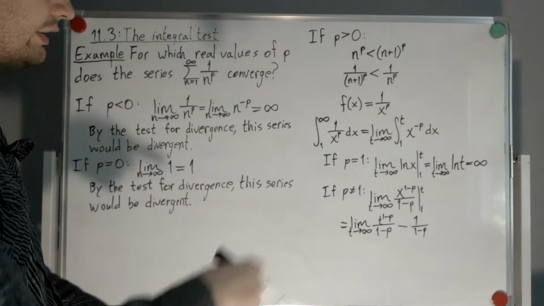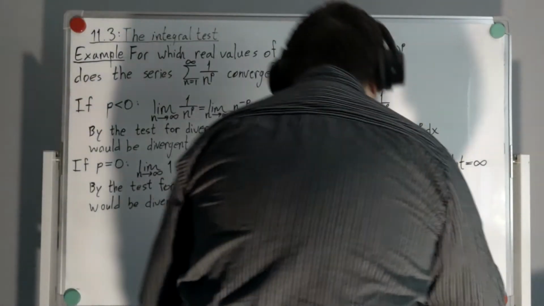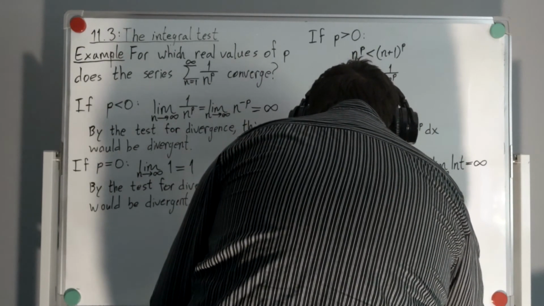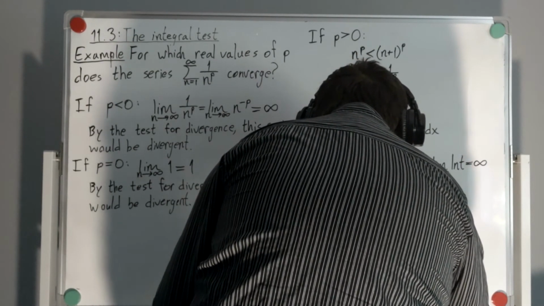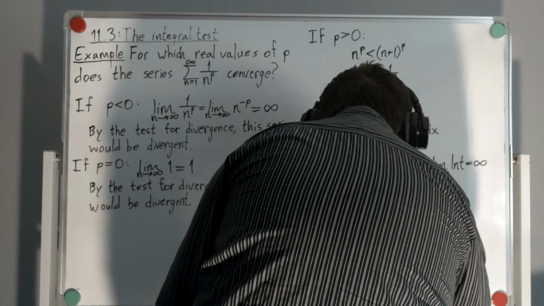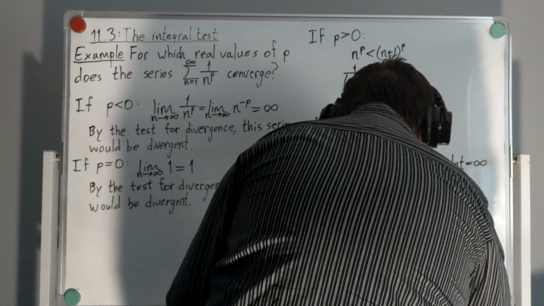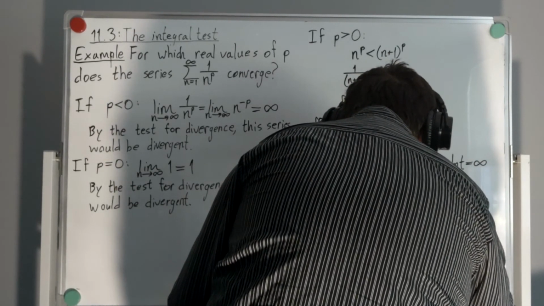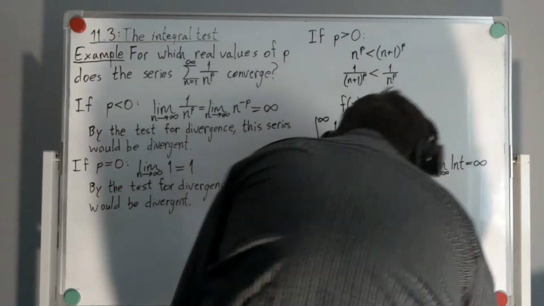You can factor out the constant of 1 over 1 minus p, so you can turn this into 1 over 1 minus p times the limit as t approaches infinity of t to the 1 minus p minus 1.